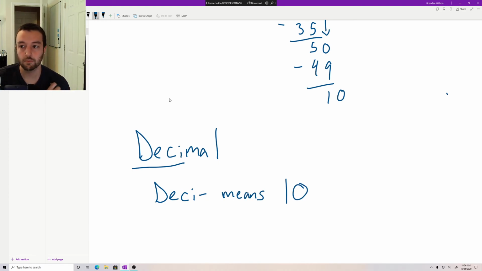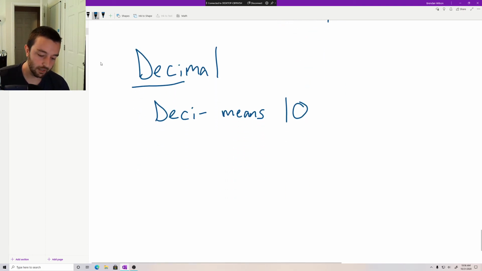So the decimal system is sometimes referred to as the base 10 system. A base 10 system means that for our numbers, we have 10 digits, right? We have 0 through 9. And then once we run out of numbers, we add a place value and start repeating the numbers. So 10 is really special to our number system.